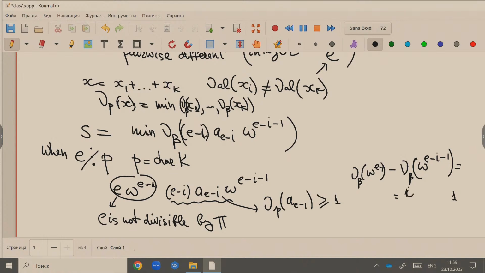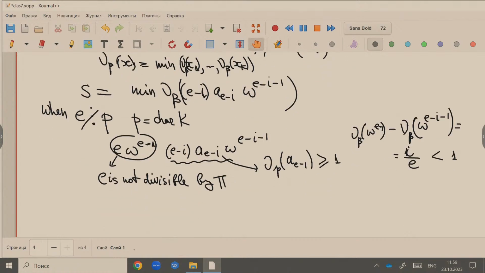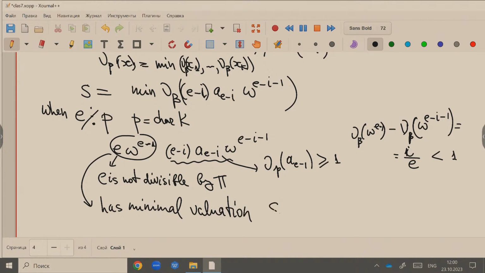The difference is just i divided by e, which is less than 1. So this means that this has minimal valuation. So S is equal to e minus 1.